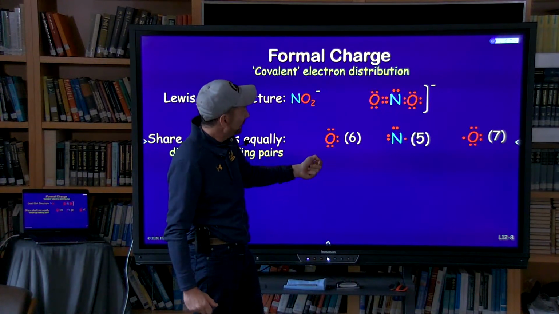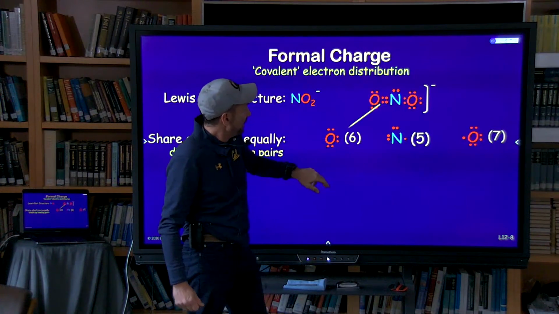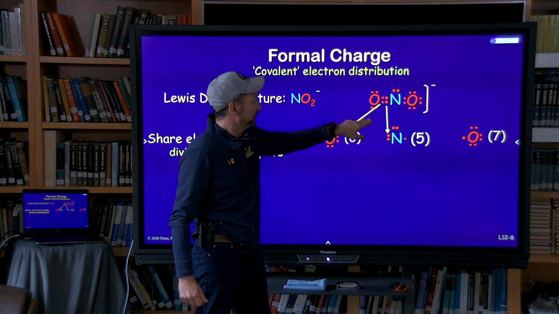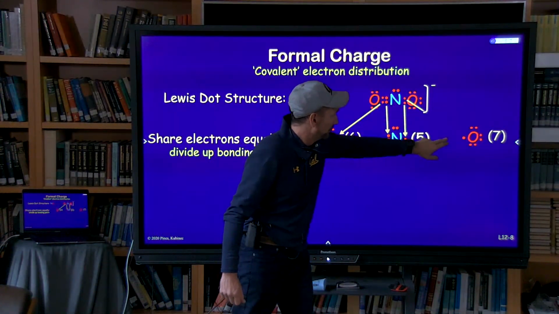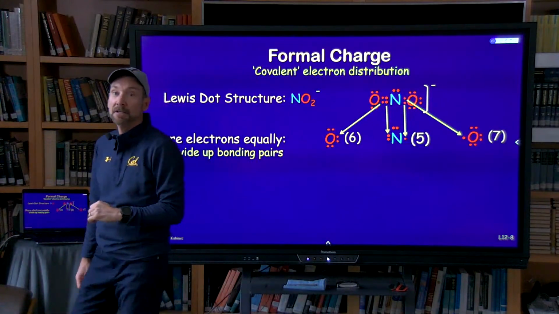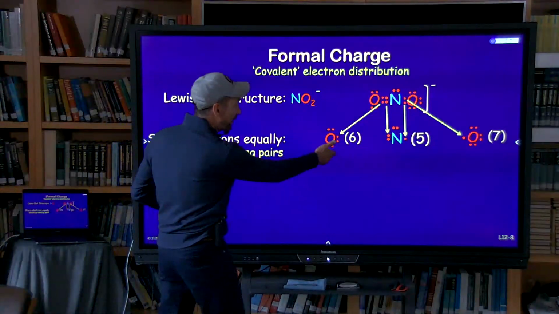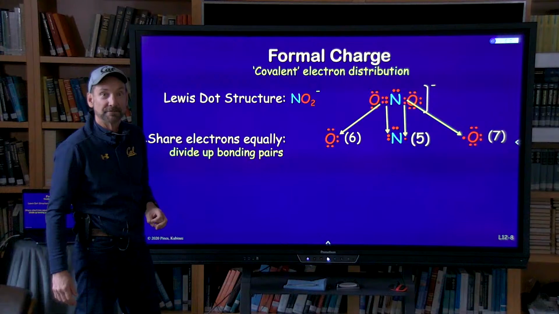And how did we arrive at that? Well, we shared those 4 equally between the oxygen and the nitrogen. So sharing of those 4 in that bond. And we shared these 2 equally between the nitrogen and the oxygen. And then we can count up the electrons, 6 here, 5 here, and 7 around that oxygen.